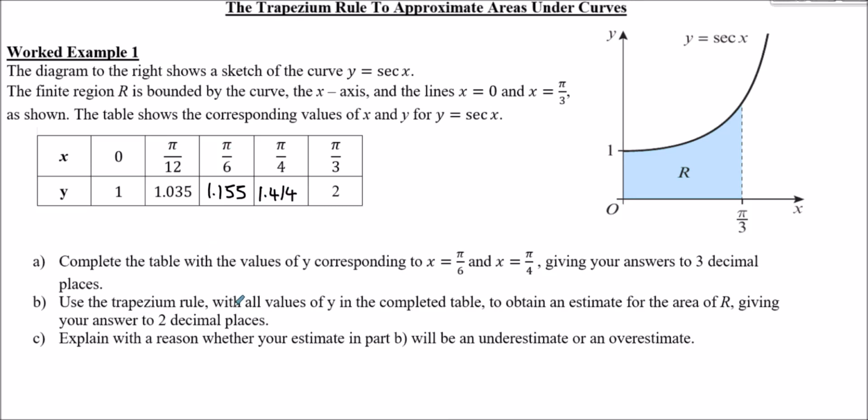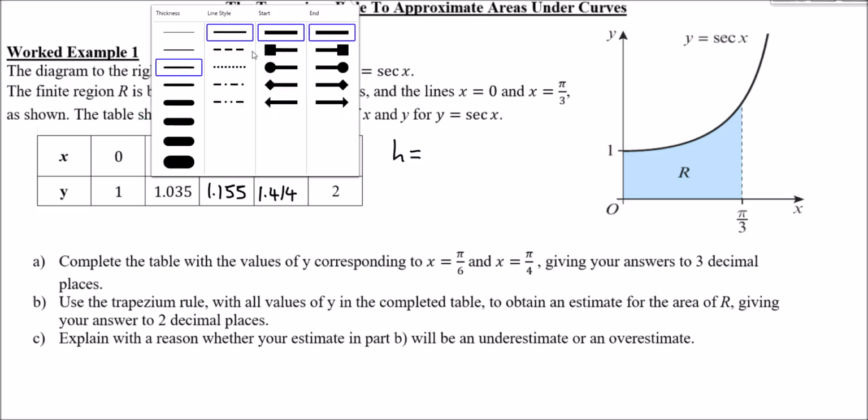Then B, it says use trapezium rule with all the values of y in the completed table to obtain an estimate for the area of R, giving your answer to 2 decimal places. So in this case here, how many strips have we got? We've got 0 here, as you can see.